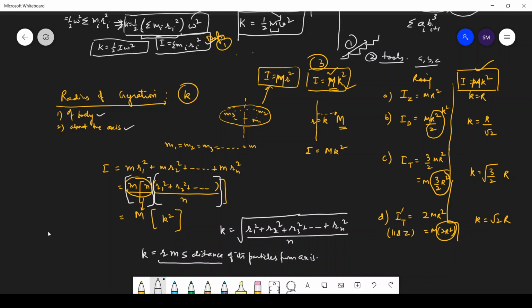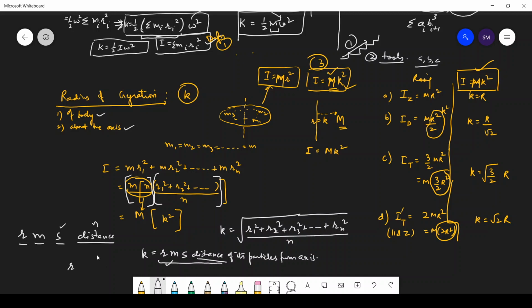In class 12 also you will be dealing with root mean square. So let us write it again. Root mean square distance. So this is the noun here, and these three are adjectives. So start from distance. This is my distance, first thing. Second thing, root mean square distance of its particles.